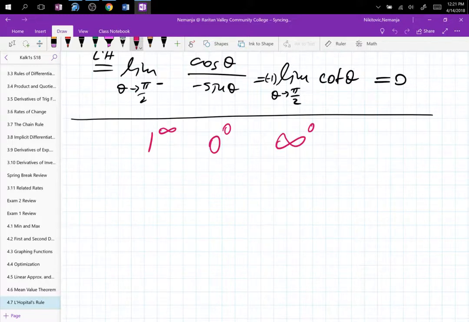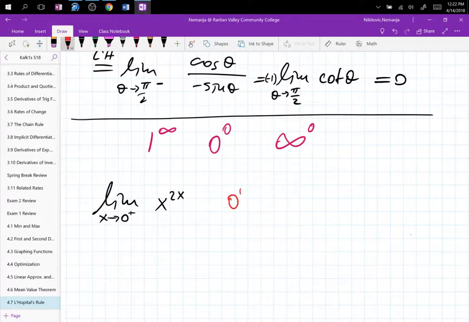So let's take a look at the wonderful example of, let's say, the limit of x raised to the 2x as x goes to 0 plus, from the right. You look at this monstrosity and immediately conclude that this is 0 to the 0, because you plug in zeros for x's and what you have is 0 raised to the 0.